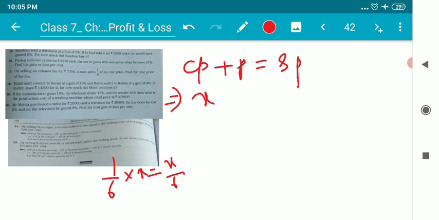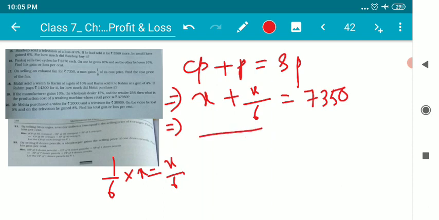We have assumed X. The amount of profit that we have just now calculated is X by 6, which was 1/6 of the cost price, and the selling price is 7,350 rupees. Okay children, so we can easily frame this equation: X, that is cost price, plus the profit, which is X by 6, is equal to 7,350 rupees.